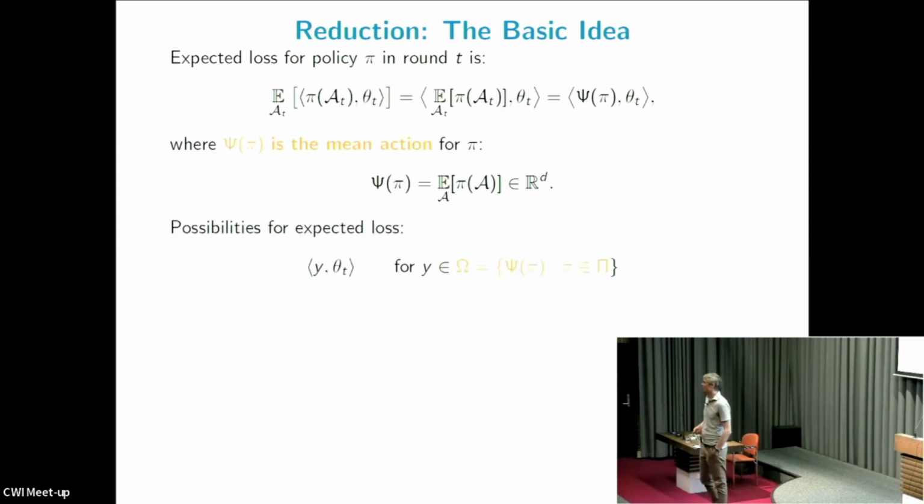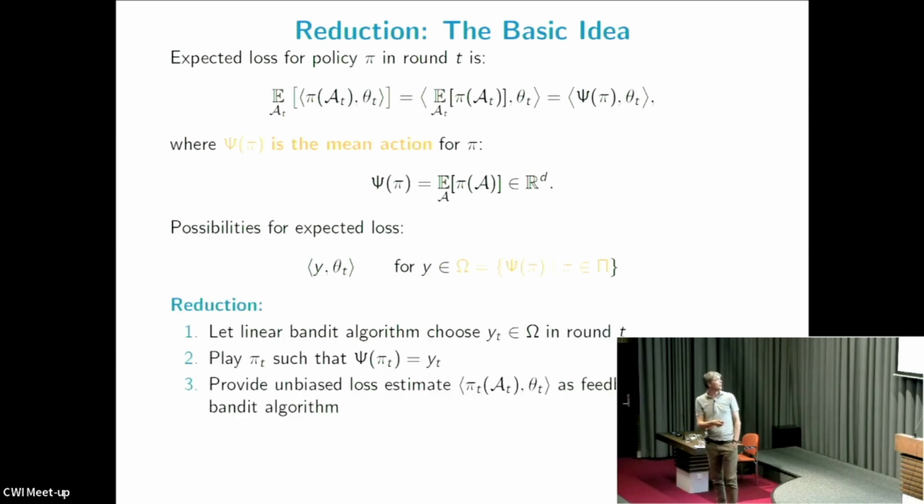And so you can ask which types of expected losses are achievable? Well, you just take the image of all the policies under this map psi, and give that a name, Omega. And then the types of expected loss that are achievable are elements of Omega times theta_t.